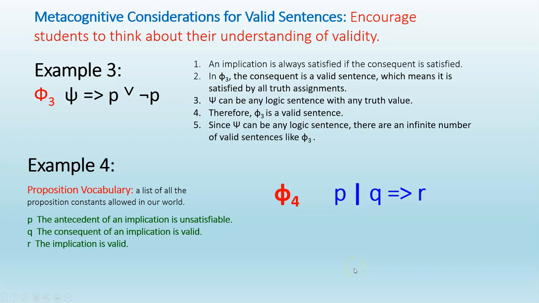If you think about the way we talked about implications and the implication truth table, then that should become obvious to you. So I've written down a logic sentence right here that captures this thinking.